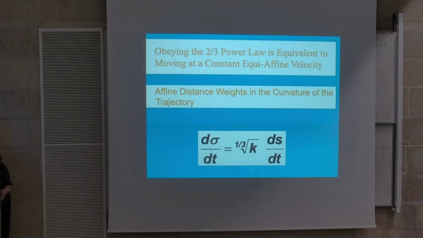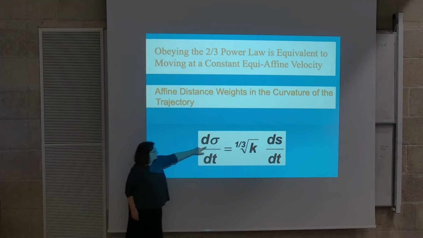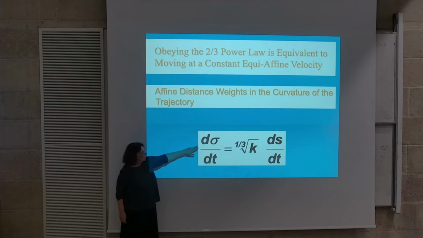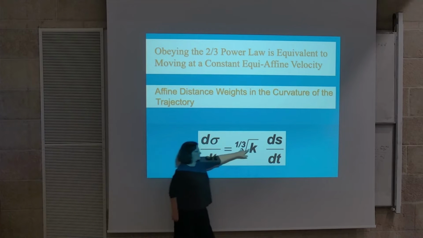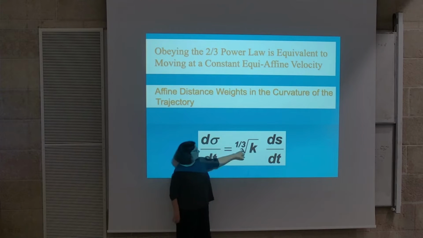So why am I bothered to look at all this mathematics or geometry? Because if you look at the 2/3 power law or 1/3 power law, you can define a new kind of distance, equiaffine distance, which takes into account not only ds, the distance in Euclidean geometry, but it's weighted by curvature to the power 1/3.